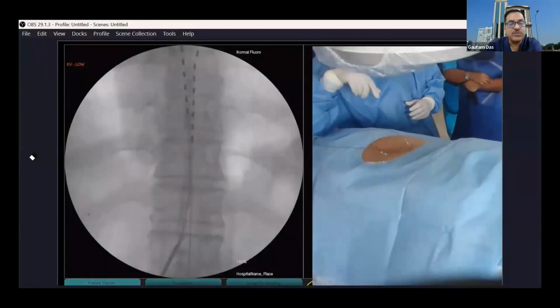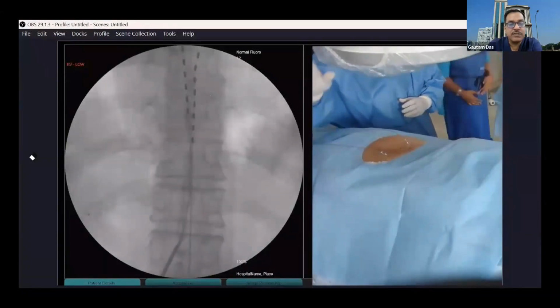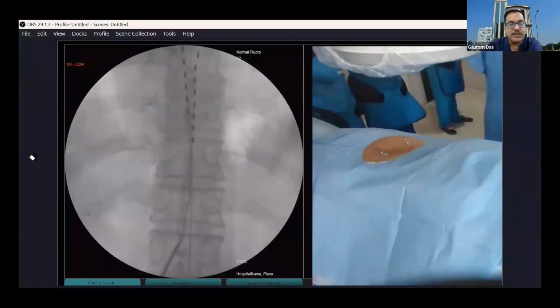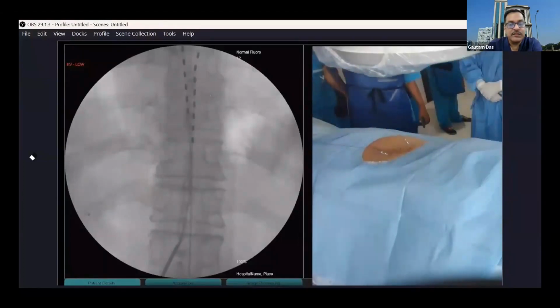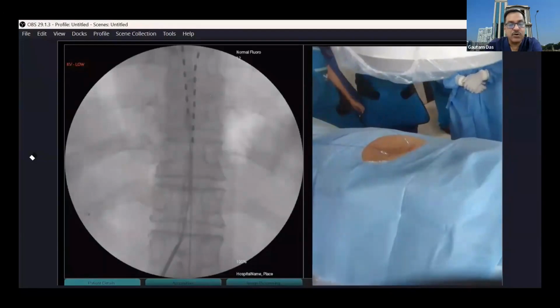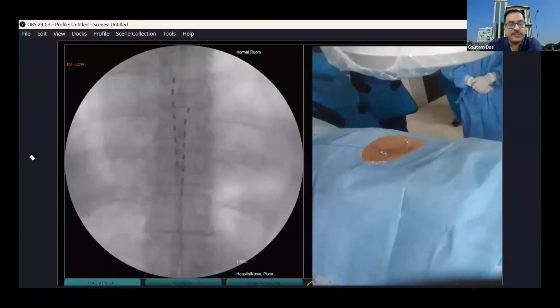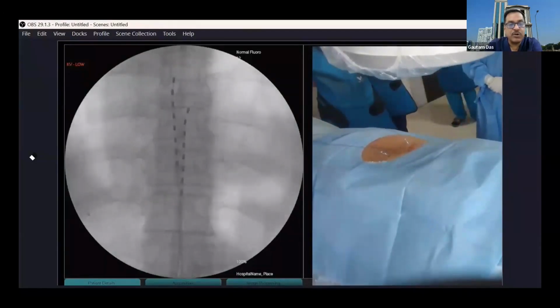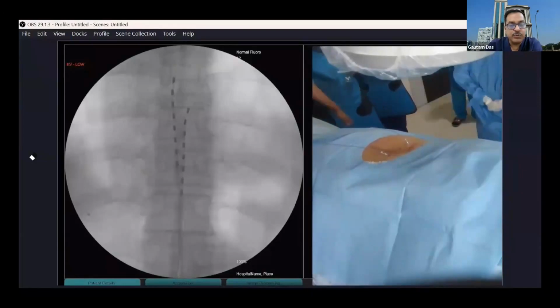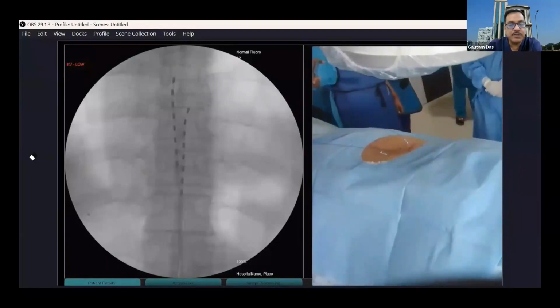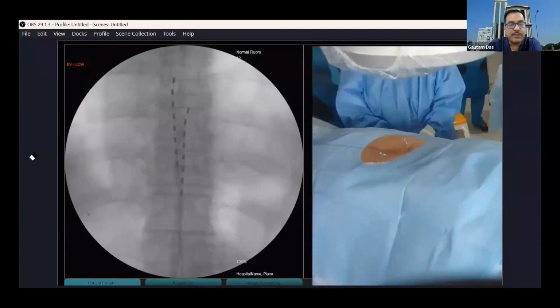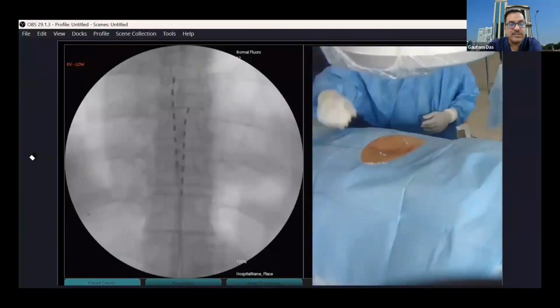Once we are happy and satisfied with the lead placement, then we'll be taking the RX cord needles back. We are checking it finally. Normally from the desired place, counting the vertebral body level, we put it a little bit up so that if there is slight displacement during the removal of the RX cord needle, that is taken care of.